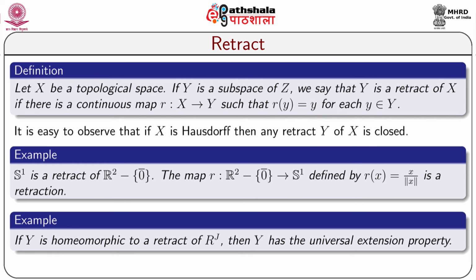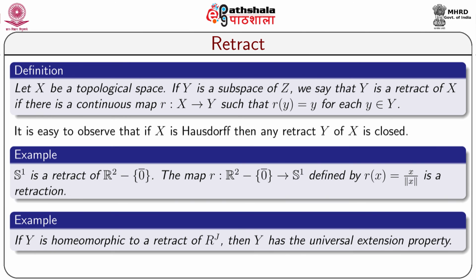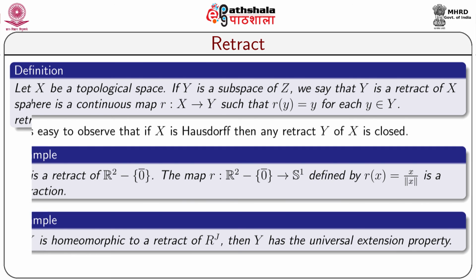As an example of retract, we can take S1 in R2 minus origin. The mapping from R2 minus origin to S1 defined by r(x) equal to x by norm of x is a retraction. Another example, if Y is homeomorphic to a retract of R to the power J, then Y has the universal extension property.